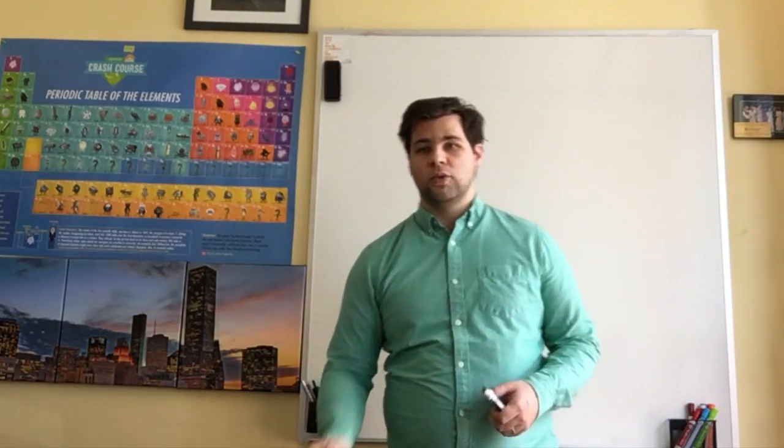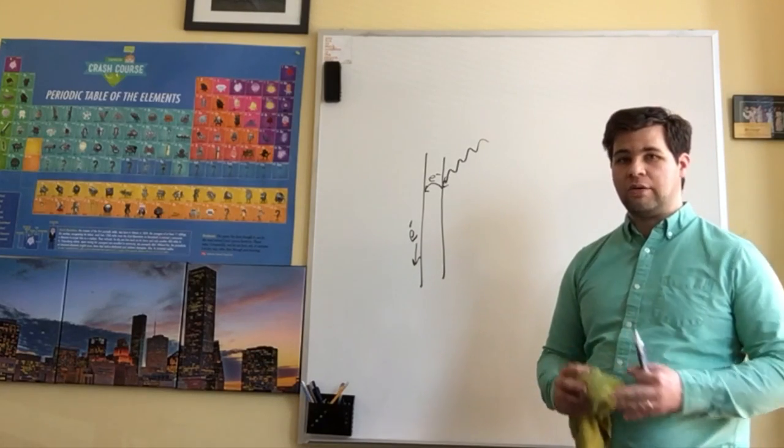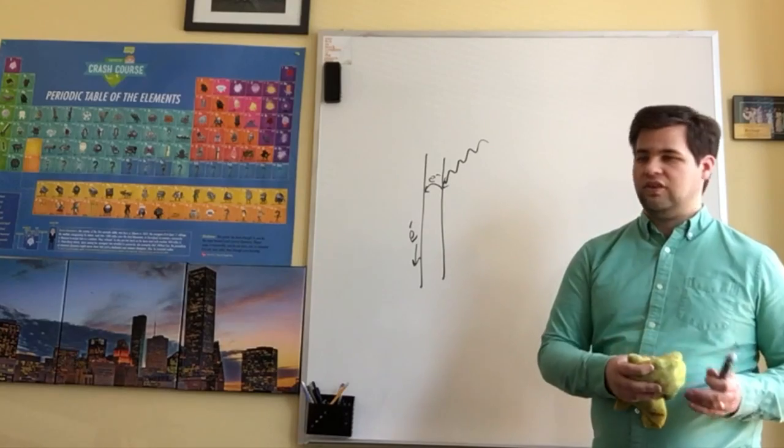So first, again, we're going to talk about the classical way that this would be understood and how that would result, and the quantum mechanical result, which actually explains the experiment.